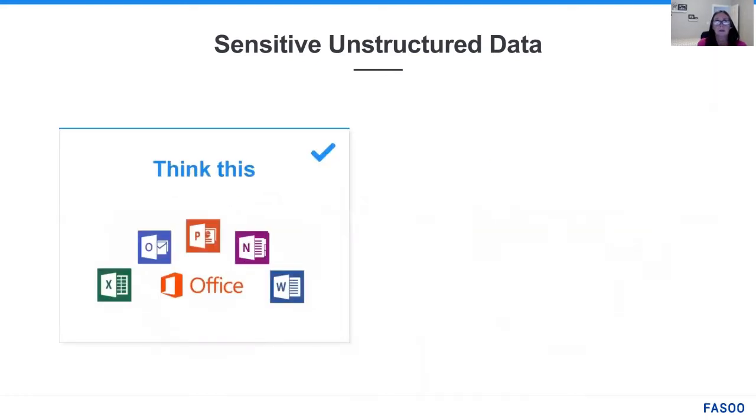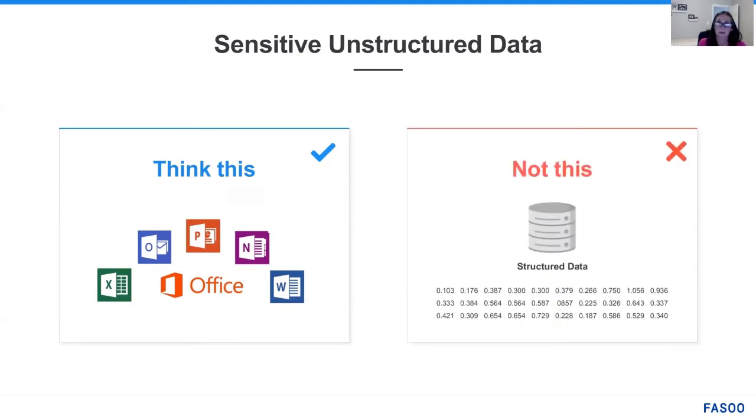So when you're thinking about unstructured data, I want you to think more about information that finds itself in files or documents in common applications like, for example, Microsoft Office. It's also PDF, or if you're in the manufacturing industry, you might have CAD, computer-aided design.